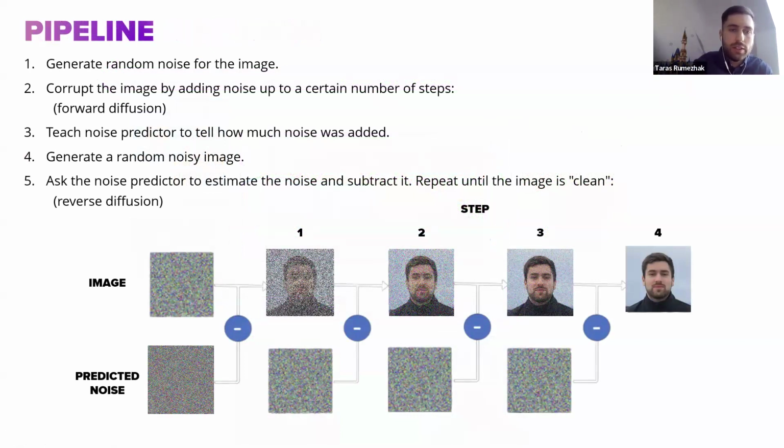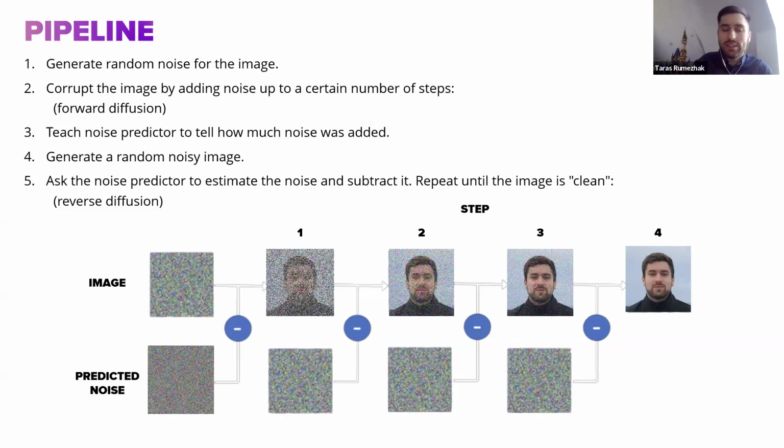The critical point is the noise predictor. The noise predictor is a special subnetwork that learns how much noise was added to the original image. So on each step, we can train the noise predictor in such a way that it will know how much noise was added and what was the nature of that noise.